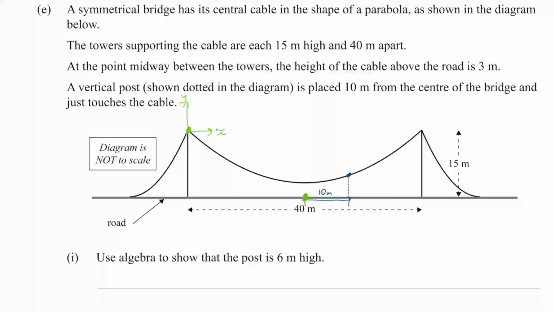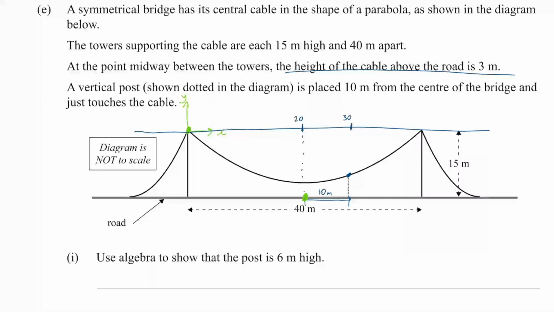Awesome. So that means the center, let's just put the x-axis up here. So the center of the bridge is at 20 meters. And that means this vertical post is at 30 meters along the x-axis. And we're given, what else are we given?